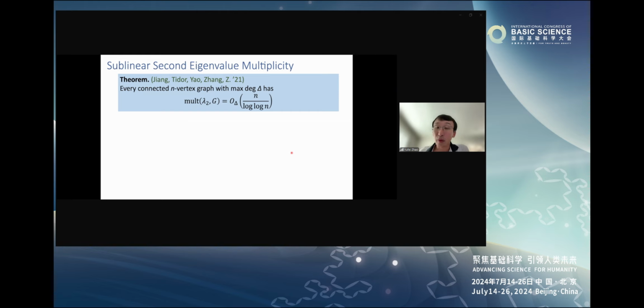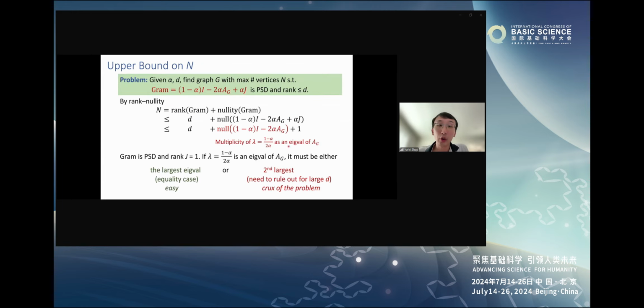Combining everything that we've talked about with the theorem that we proved on the sublinear eigenvalue multiplicity of the second largest eigenvalue, we can then complete the proof, right? Because the second eigenvalue multiplicity is small, plugged into this bound over here, this shows that n has to be small in this case, which would then not be competitive compared to the actual equality case.